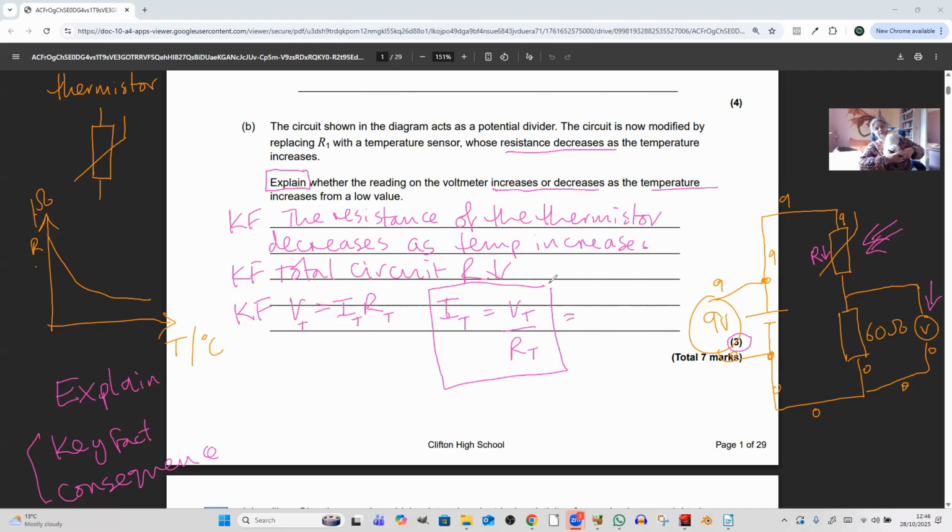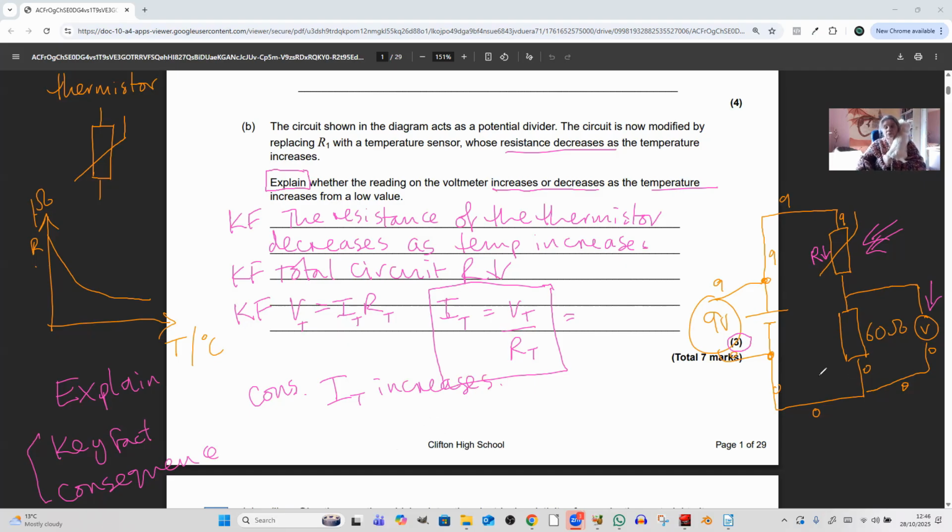Increases. Yeah, right. So if the resistance decreases, Taha, can you see it's on the bottom of the equation that I've put in the box? So if resistance decreases, I increases. So you could then say that the consequence of that is that I total increases.